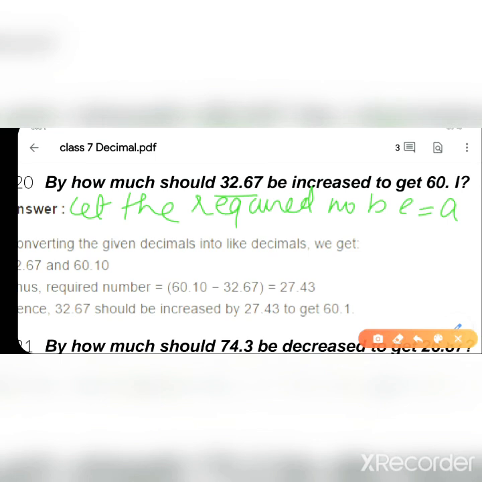Let's write here according to the question. I'm erasing it because according to the question it should be written above this. So 32.67 should be increased by a.